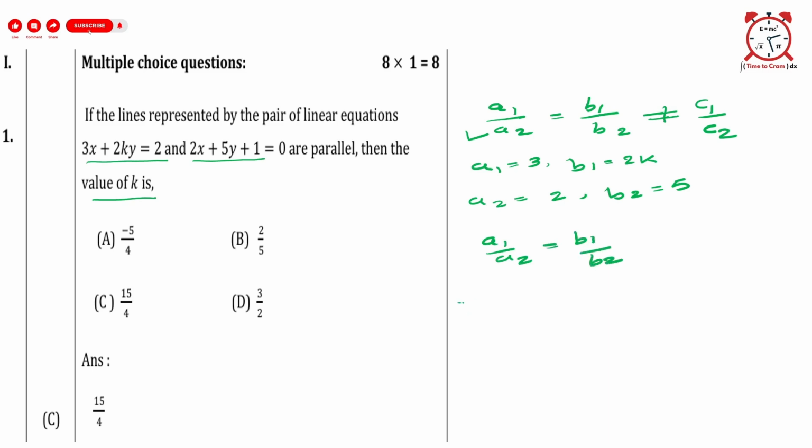If we keep all the values, then 3 by 2 equals 2k upon 5. Cross multiplication, and then 4k equals 15, and then k equals 15 by 4. This is the answer. So our answer is C, 15 by 4.